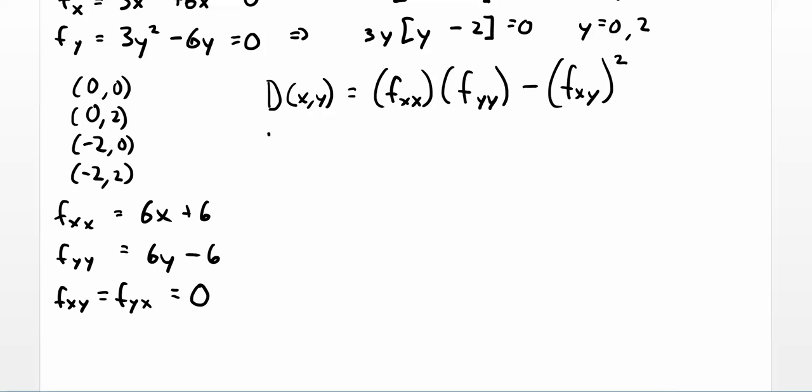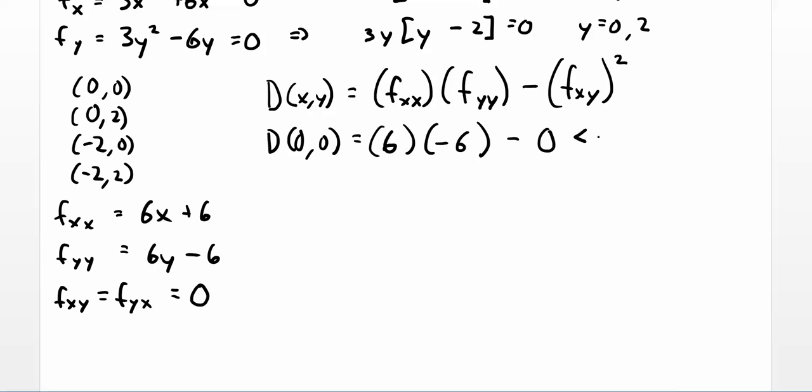So the discriminant evaluated at 0, 0 equals, and when we plug in 0 for x, we're going to get 6. Plug it in for y, we're going to get negative 6 minus 0. And that is a negative number. And remember, when you have a negative number, that's the best case because this is automatically a saddle point. No more work required on that one.